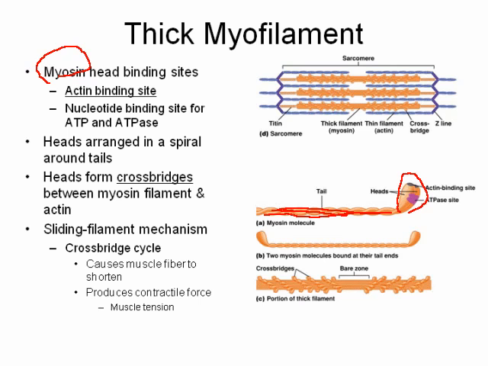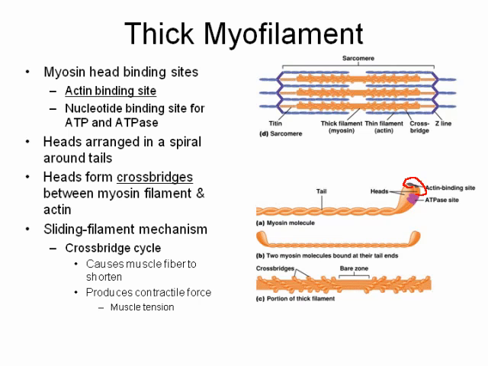The tail is just a way of bundling all the myosin together in this thick filament. The head is the really important part because it contains the actin binding site as well as an ATPase site that breaks down ATP, which is important for regulating the binding between the myosin and the actin. So calcium regulates actin's ability to bind to myosin. ATP regulates myosin's ability to bind to actin.